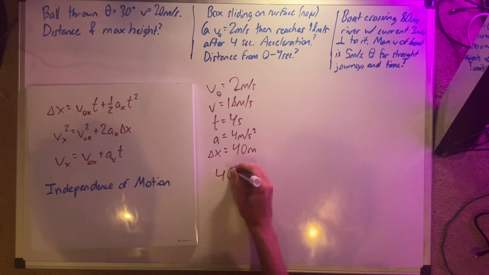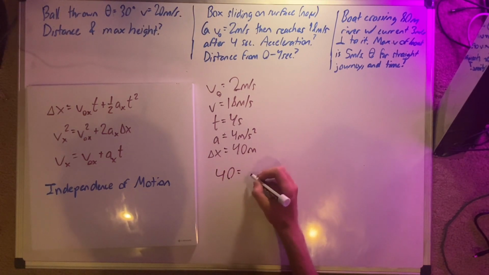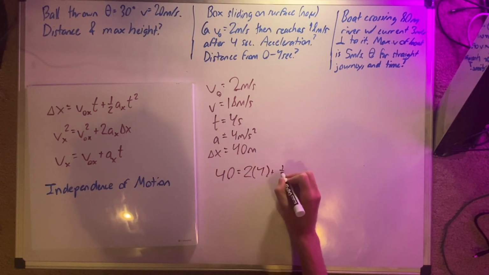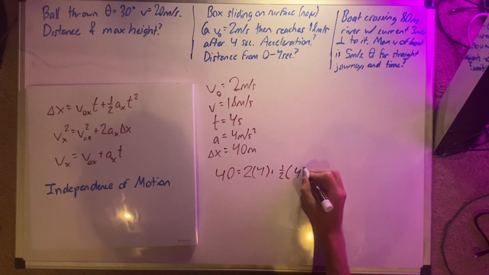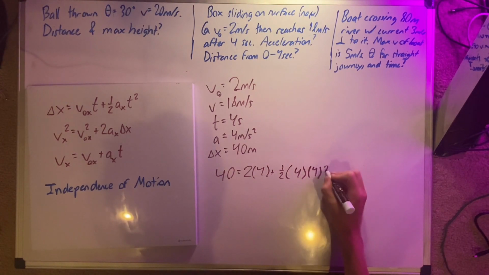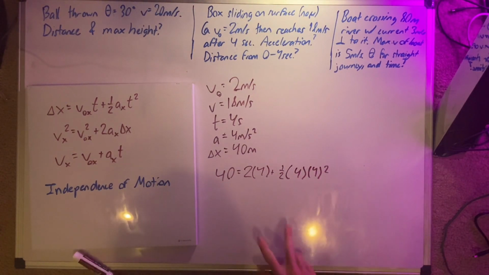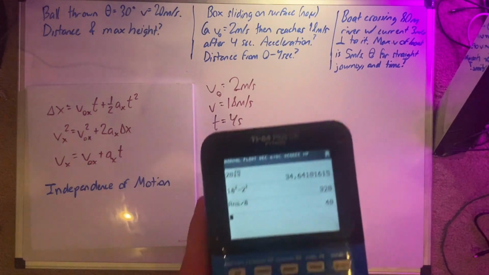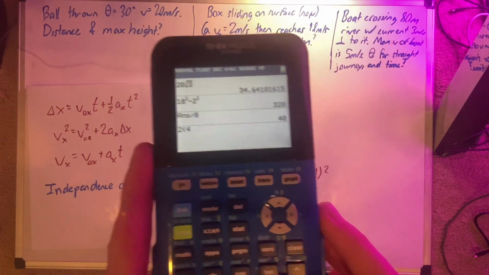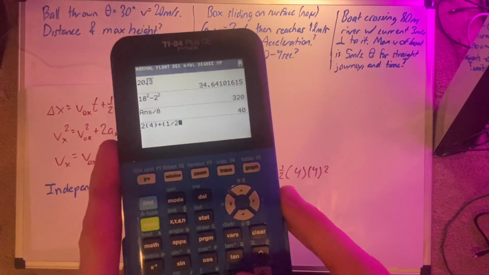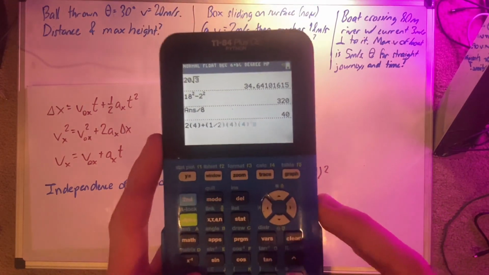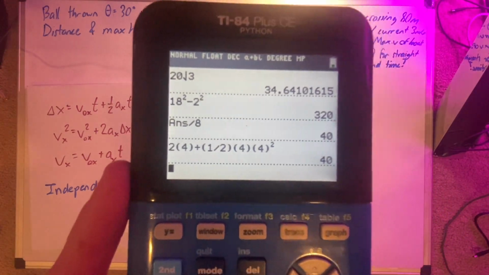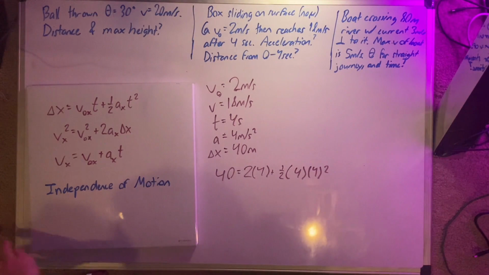So we can say 40 is equal to V naught, 2 times 4 plus 1/2 times 4 times 4 squared. This side should equal 40 if we're done with it. So 2 times 4 plus 1/2 times 4 times 4 squared. It would be super awkward if that didn't equal 40. And it does. So we're fine.